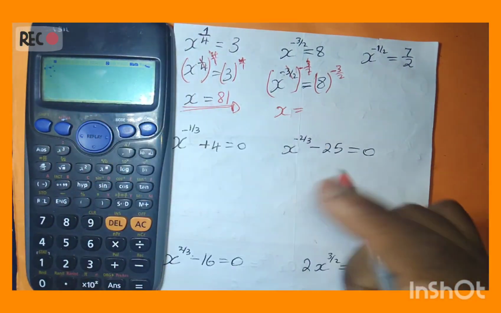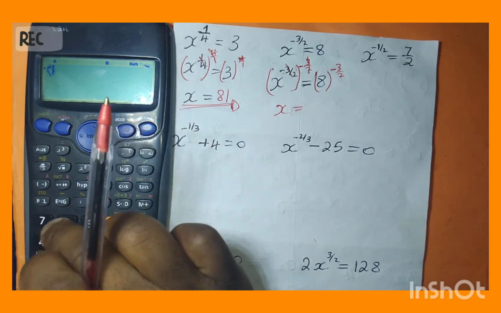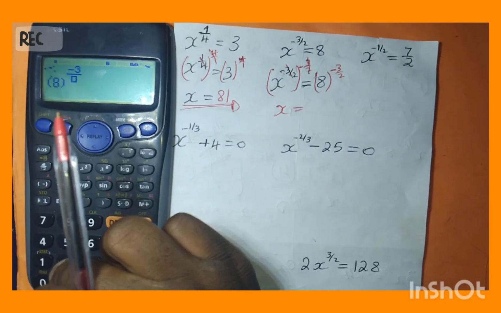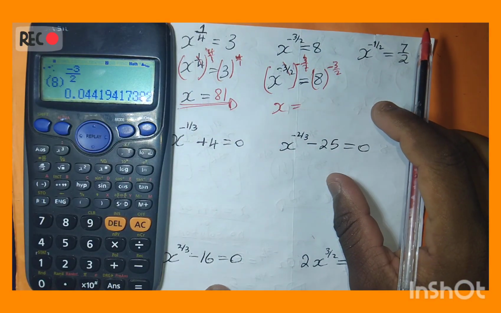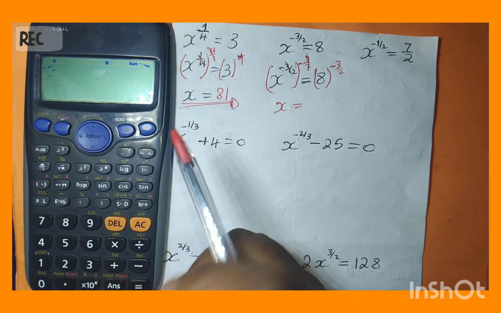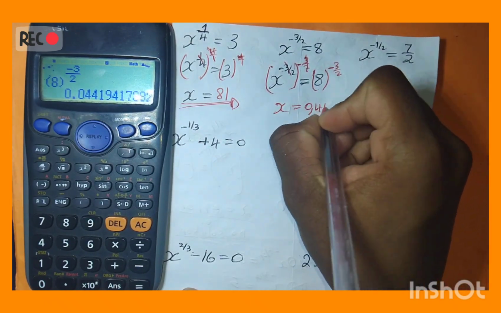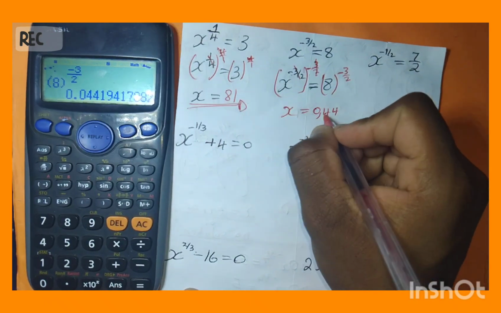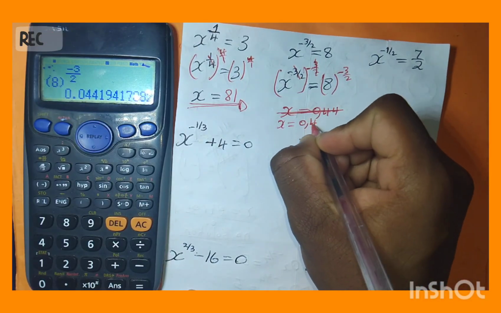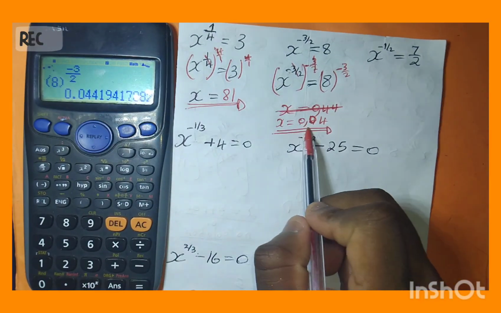So now I can just press all of this on my calculator, base to the exponent fraction negative 3 over 2. Meaning now negative 3 over 2, this is what I get. As you can see, I should round it off to 2 decimal places, which is 0,04.